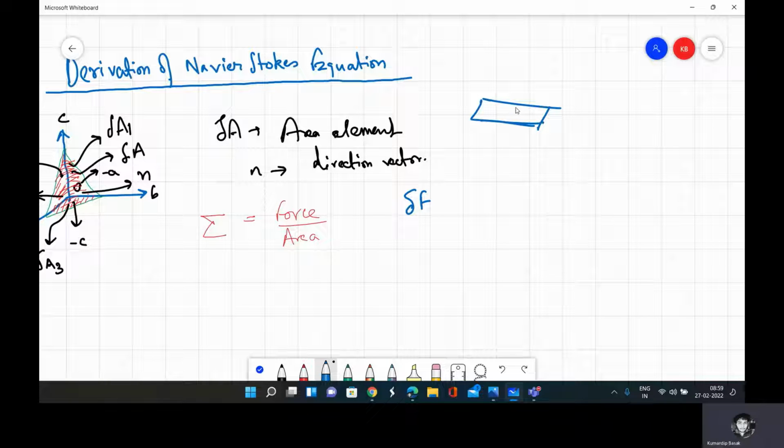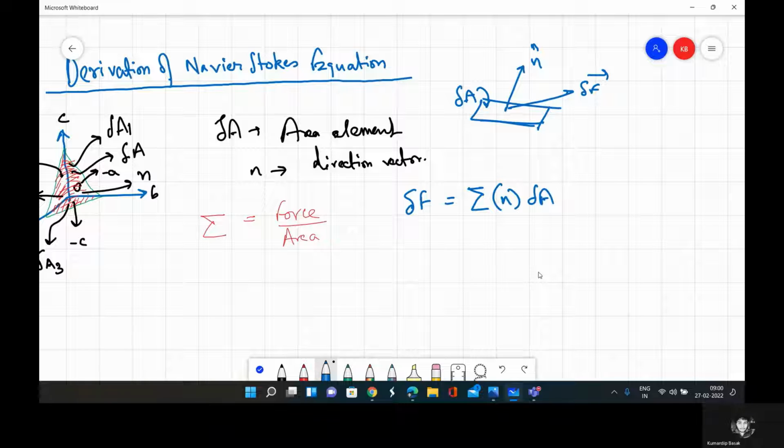The unit normal is in the direction N, and let's say this surface has area dA. So we get dF is equal to sigma of N into dA. This sigma is a stress quantity that acts on the area normal.